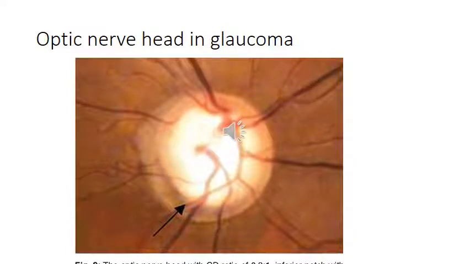What happens in glaucoma? This is a type of optic neuropathy. In glaucomatous optic neuropathy, you see enlargement of the diameter of the cup relative to the diameter of the disc. Here the diameter of the cup is about 0.8 or 0.9 of the diameter of the disc. This is advanced optic disc damage due to glaucoma.